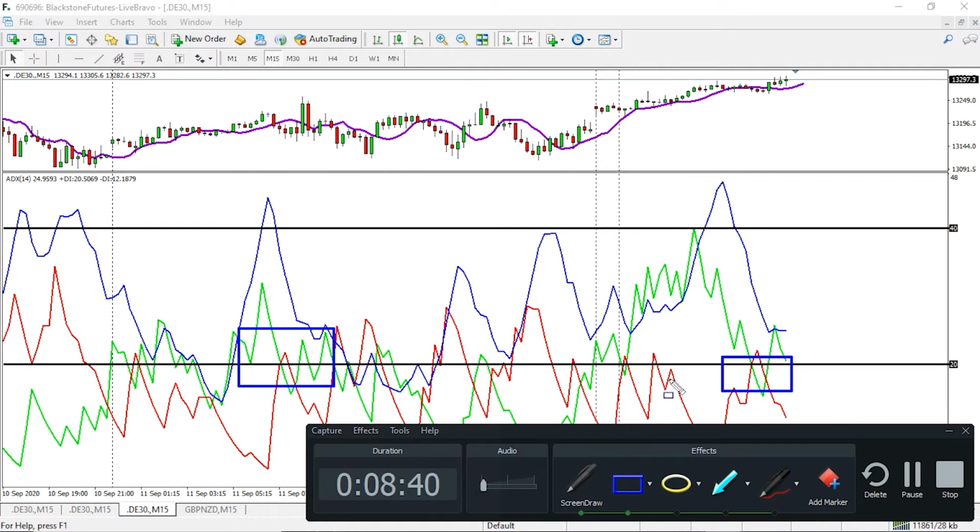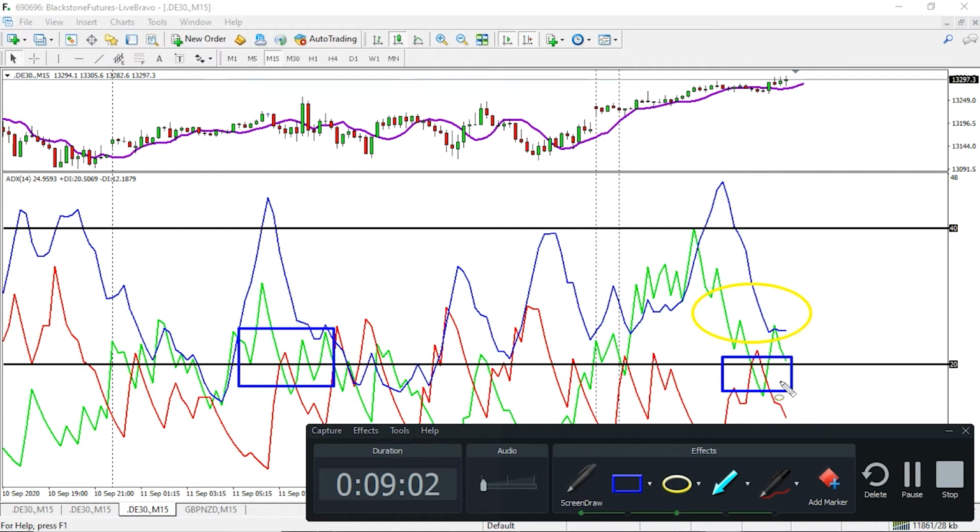Now that doesn't mean that we want to trade immediately. What we then want to identify, at that same time, is whether the blue line is above 20. It doesn't matter if it's at 40, it doesn't matter if it's at 21, as long as it is above 20, that indicates to me that we're in a trend.